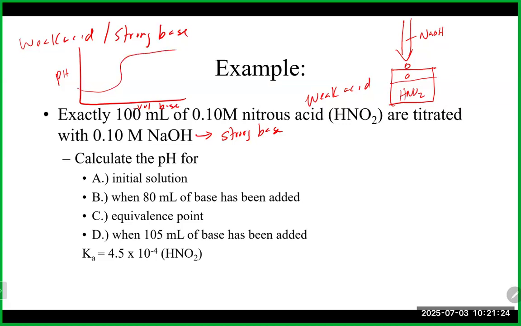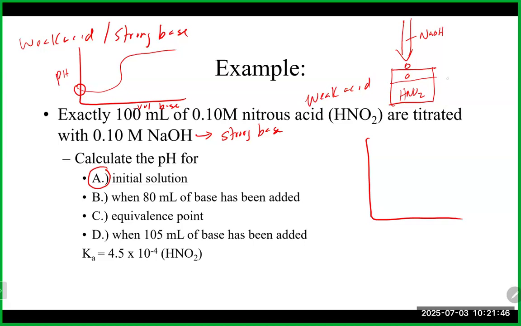So again, we have sort of our parts to our titration here. We're going to start with A, which is the initial solution. That would be pretty much this spot right there. And at that spot, at the initial solution, really the titration has not begun yet, so we haven't added any sodium hydroxide.